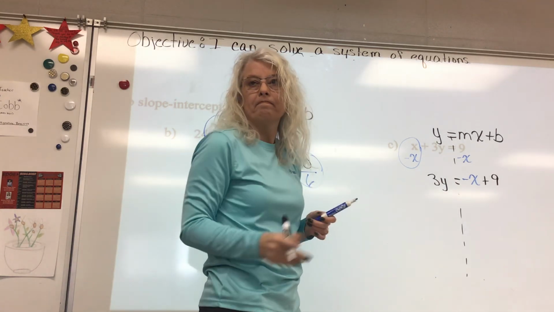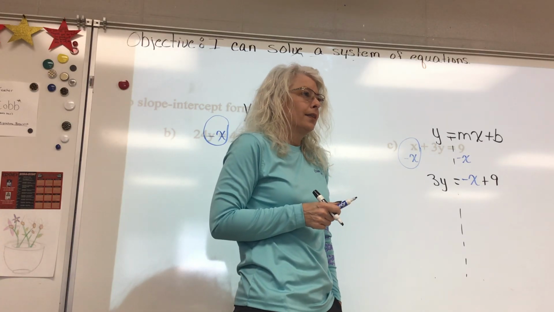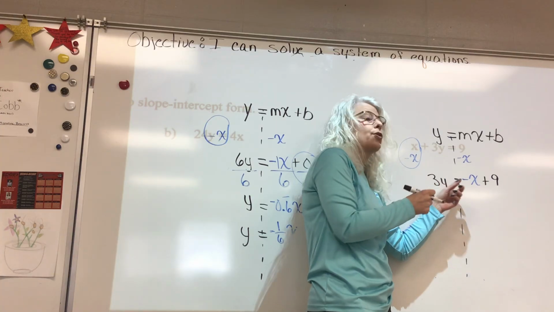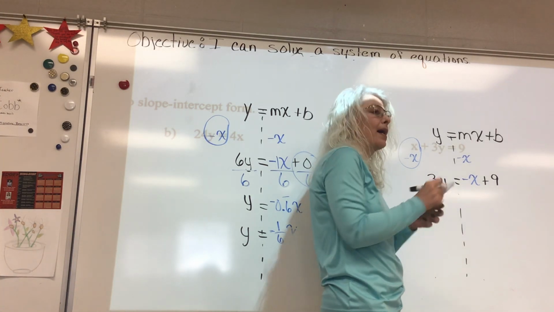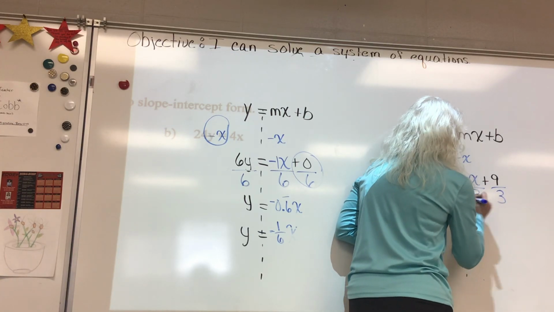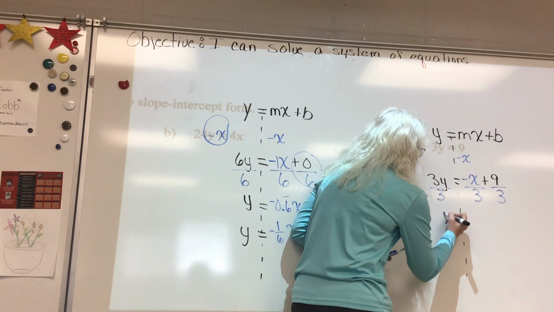Am I done? No. Why not? Yeah, we need to rip the 3. The y needs to stay here, right? So I need to rip the 3 off of the y by, as you guys said, dividing everything by 3. 3 divided by 3 is 1y.